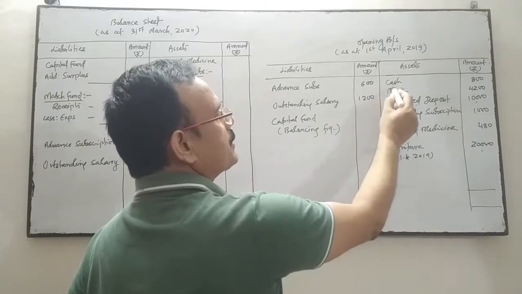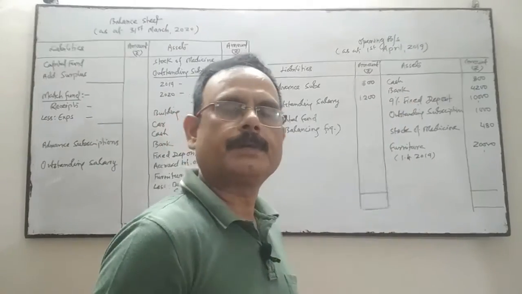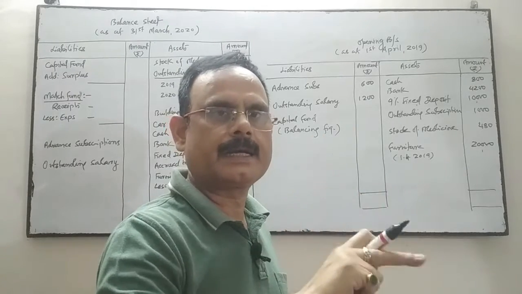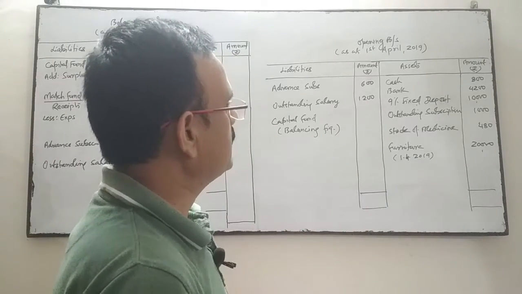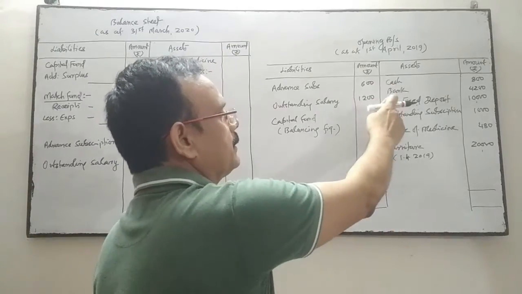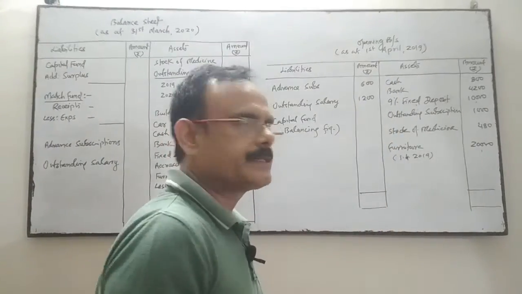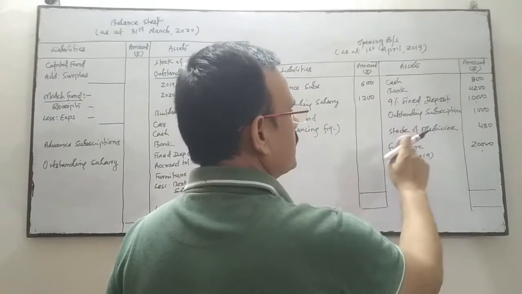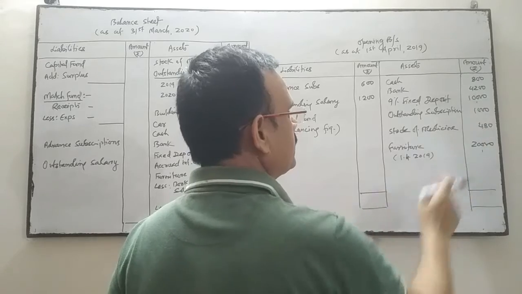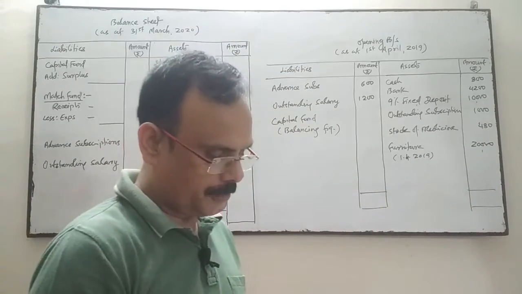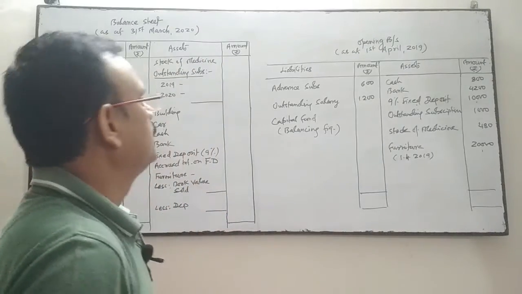These three items, cash in hand, cash at bank, fixed deposit, are in the receipt and payment account, receipt side. Start with these three items, then outstanding subscription, stock of medicine, and furniture, given in additional information number 5.